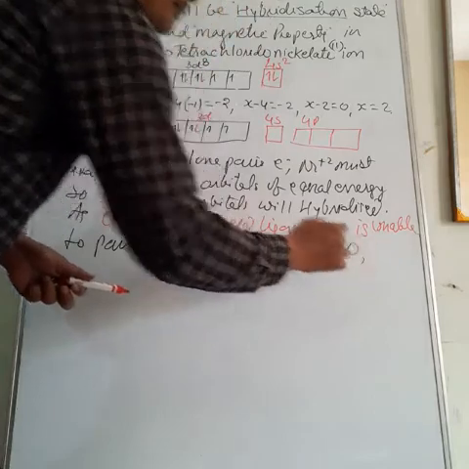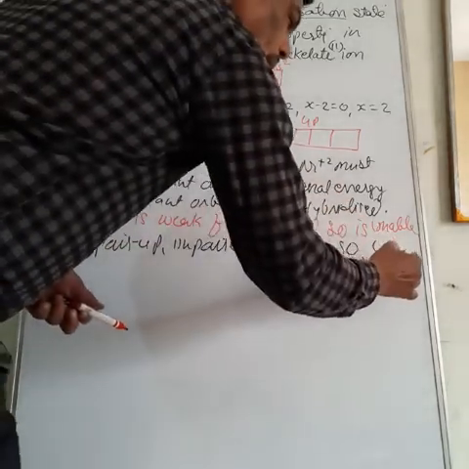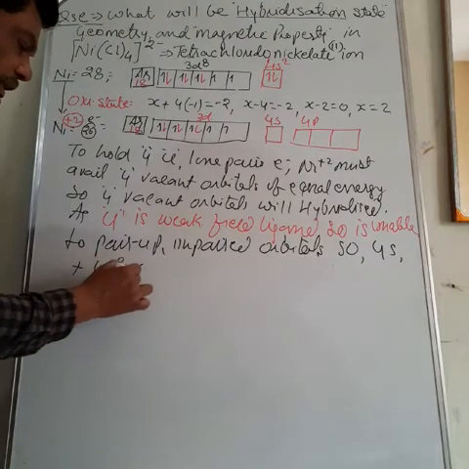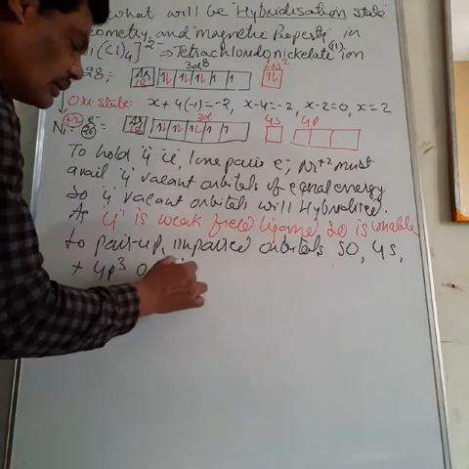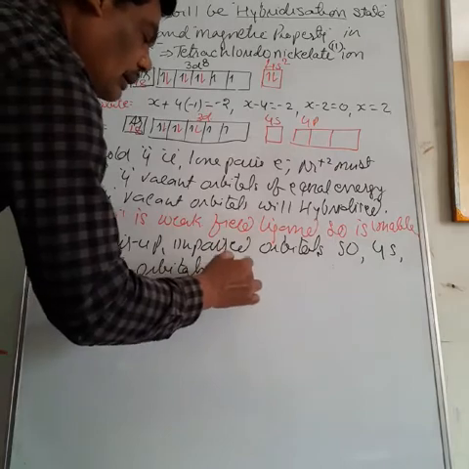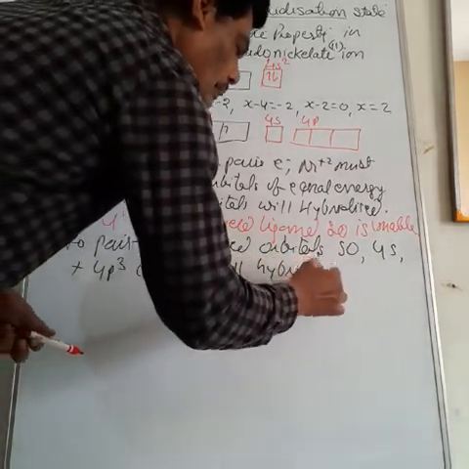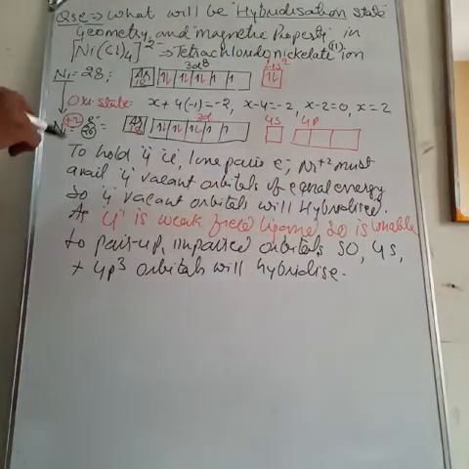So 4s plus 3 4p orbitals will hybridize.